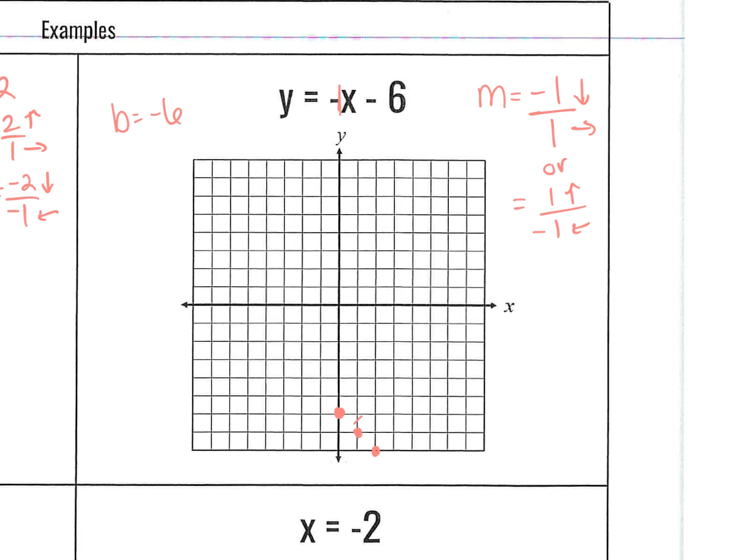Like now, Miss Yates is struggling to get it to line up. There we go. Sorry about that, guys. All right, and that's your straight line.